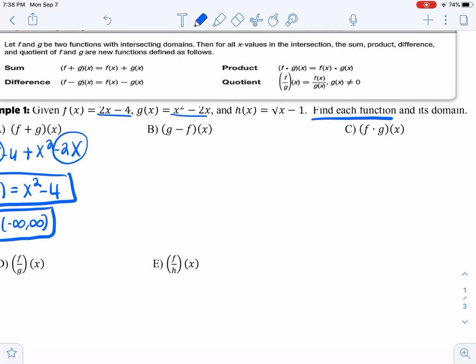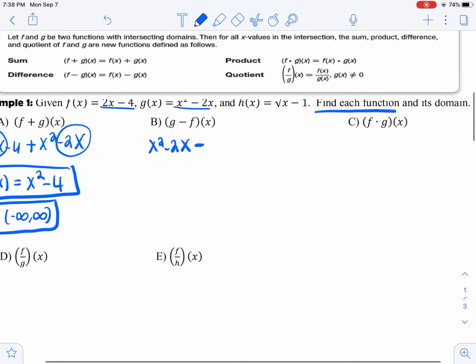All right, next one, g of x minus f of x. So I have to do g of x, which is x squared minus 2x, and then I have to subtract f of x. So realize f of x is 2x minus 4. I have to subtract the whole thing. So don't just put minus 2x minus 4, because you'll only then subtract the 2x. Distribute your negative to subtract.